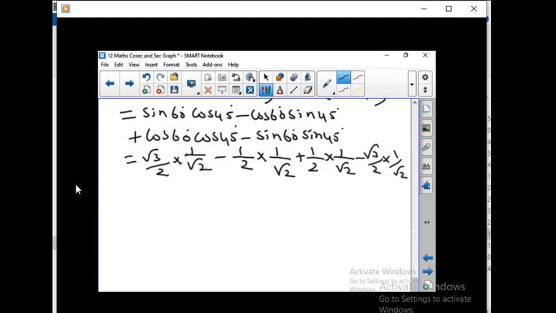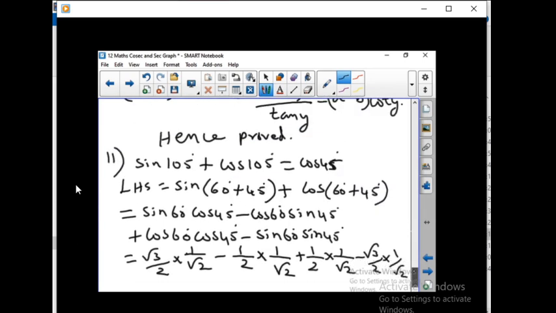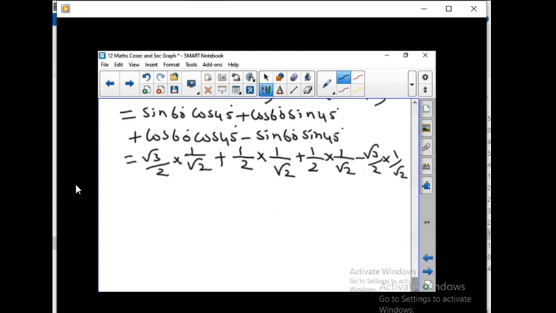So we have root 3 by 2 into 1 by root 2 and minus root 3 by 2 into 1 by root 2 gets cancelled. So first term and the last term gets cancelled.